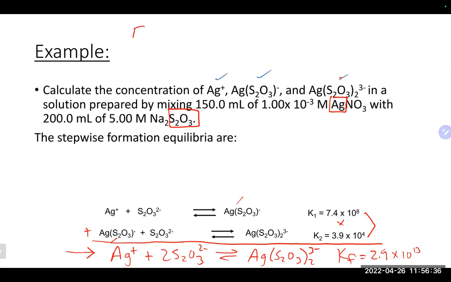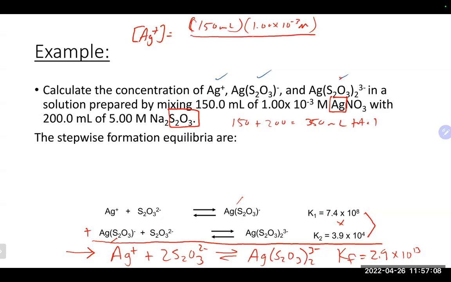To get the concentration of the silver that comes from the silver nitrate, we are using 150 milliliters of it, and the concentration is 1 times 10 to the minus 3. Our total volume is 150 plus 200 milliliters, which gives us a total volume of 350 milliliters. So that is what we want to divide by.